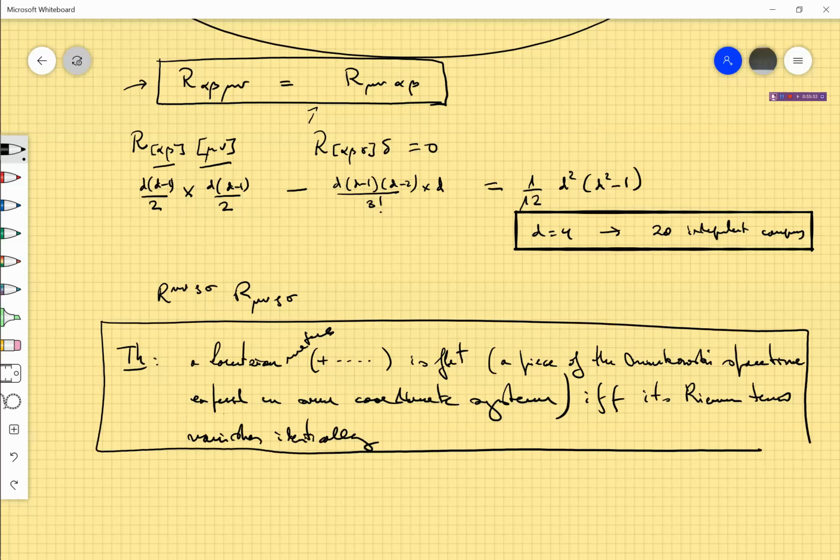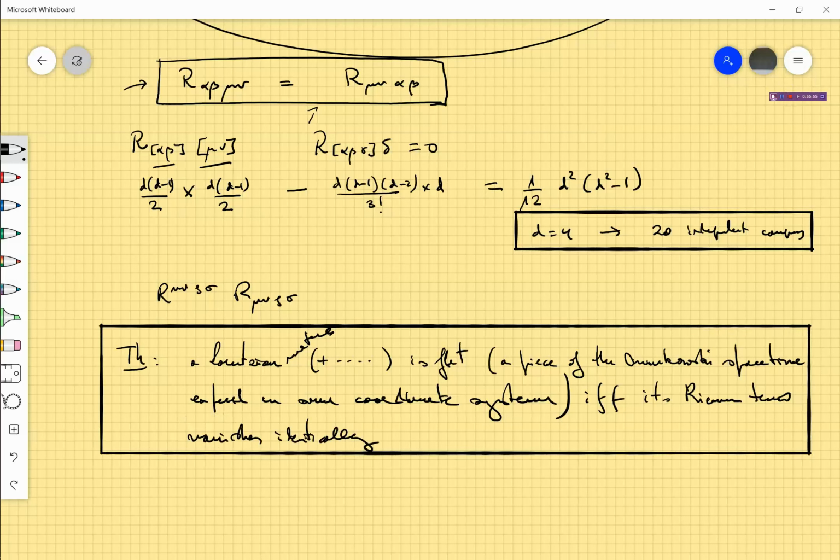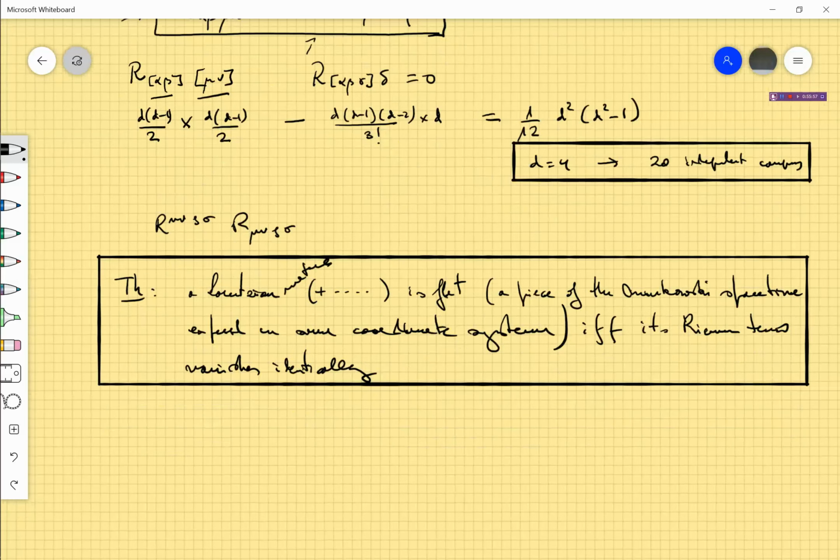This means that I am given a very complicated metric in some coordinates. I start computing the curvature tensor and I get that all the components are 0. This must hold in a region, not at a point.